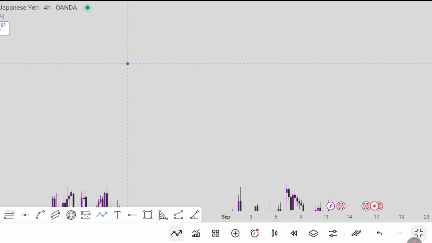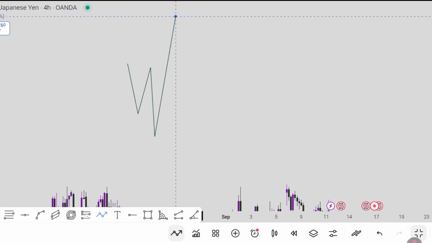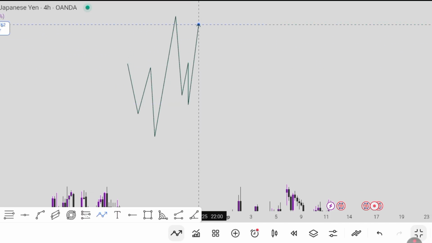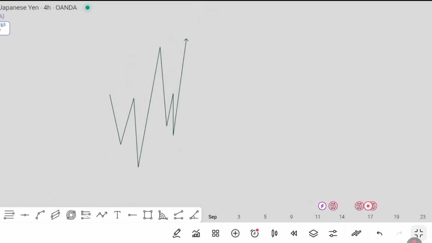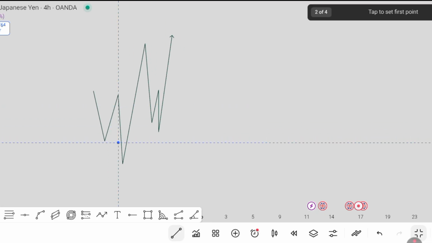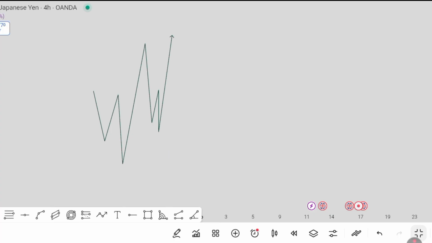So for inducement liquidity, let's say you have something like this. Inducement liquidity always happens when there's no structural liquidity. Don't forget, around here we have this other block, sorry, let me use the right tool.